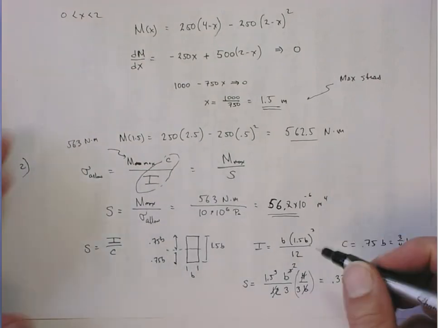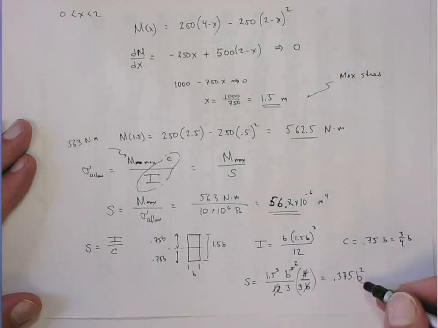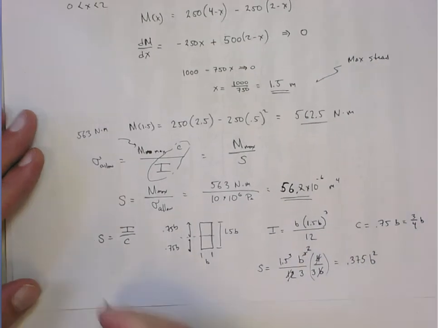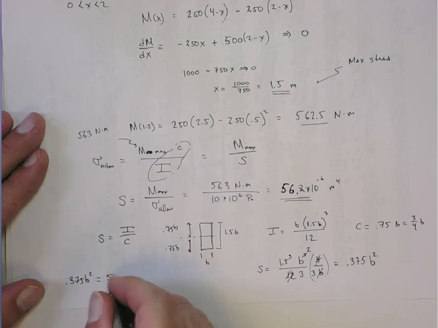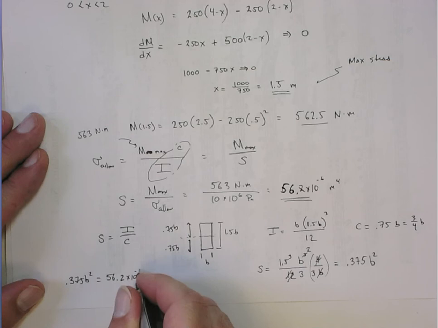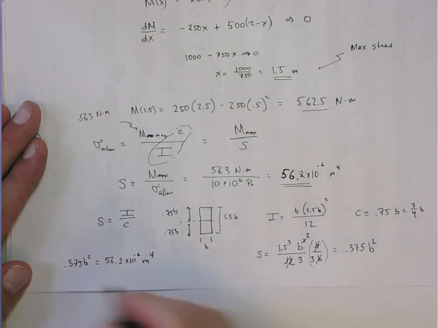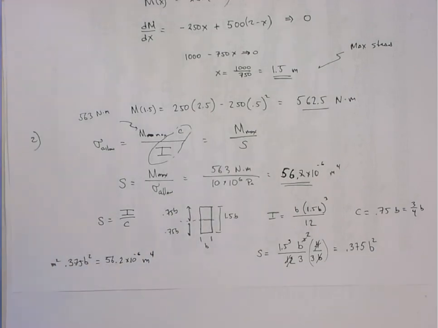So now I know S from the allowable stress equation, the flexure equation basically. Set these two equal, right? And solve for B. So we know that 0.375 b squared has to equal 56.2 times 10 to the minus 6th meters to the fourth. And I should have units on this. That's a meters squared here, right? So I divide by 0.375 meters squared.